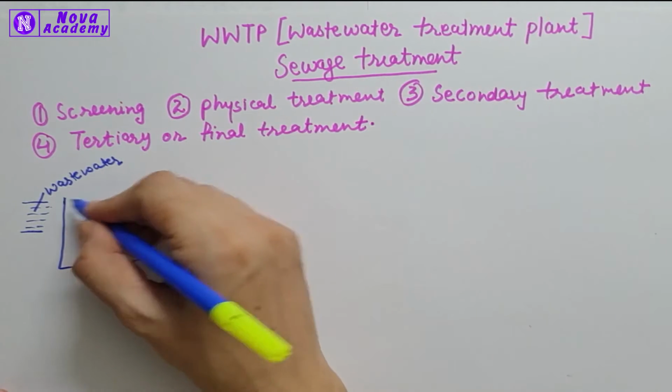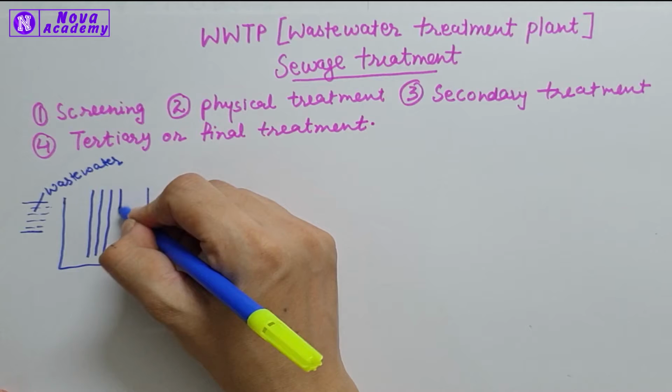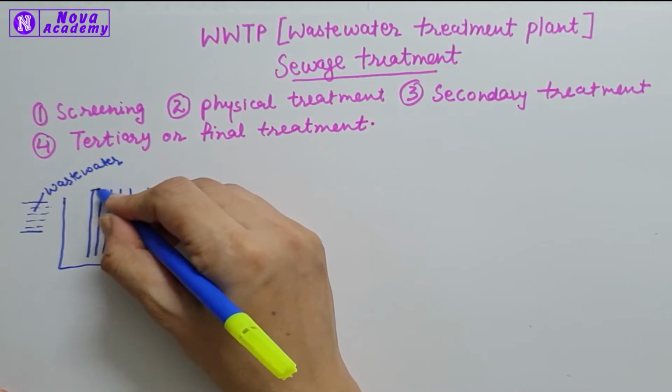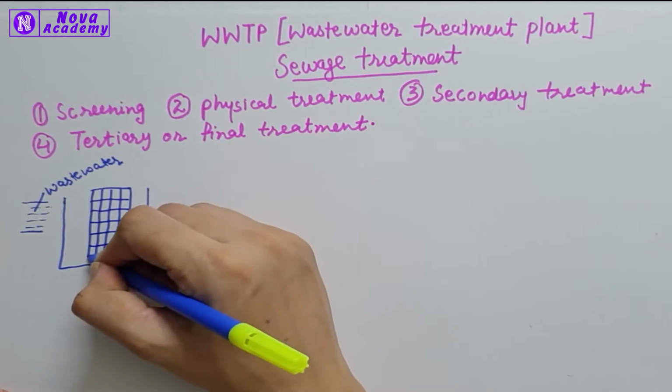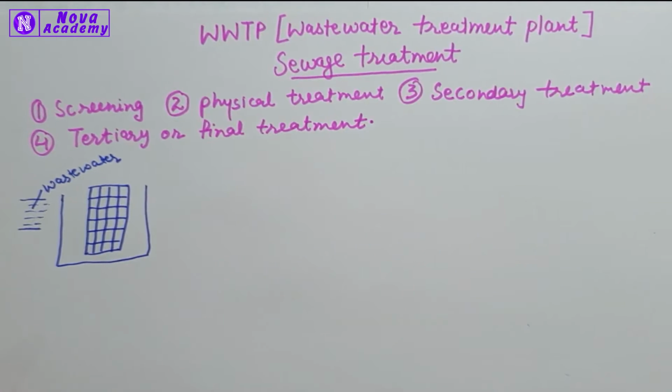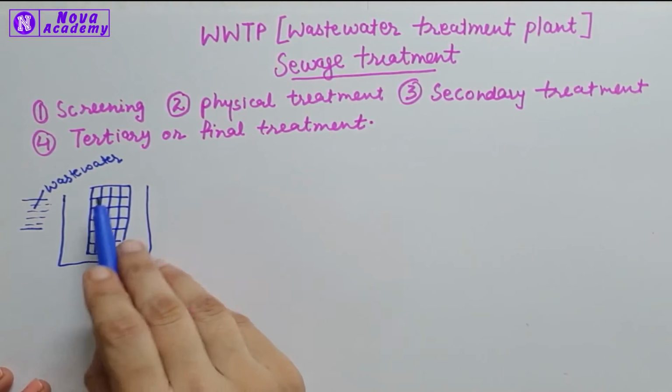In that chamber we have large bar screens which filter the water and remove the solid waste, because in the sewage, besides the dissolved impurities, a lot of impurities are in the suspended form or in the solid form, like napkins, plastic bottles, plastic bags. These impurities we can remove easily by passing the water through this type of screen.